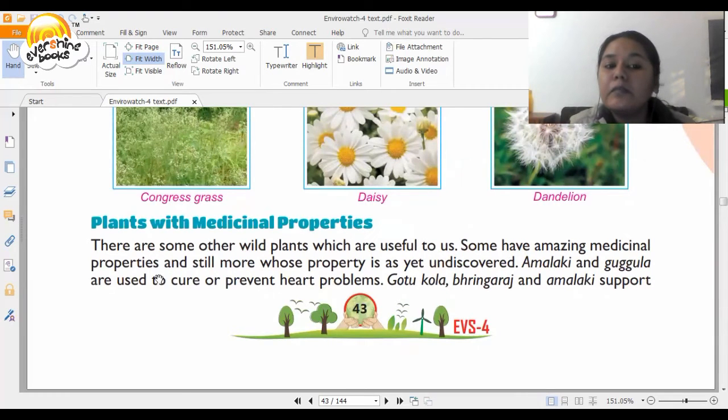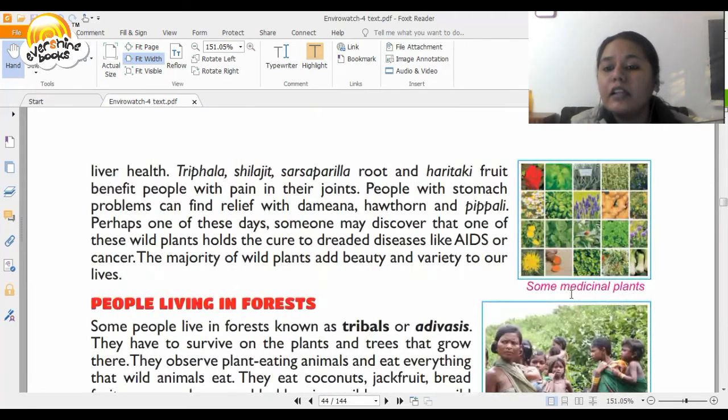Some have amazing medicinal properties and still more whose property is as yet undiscovered. Amlaki or Guggul are used to cure or prevent heart problems. Gotukola, Bhringaraj and Amlaki are there to solve liver problems.